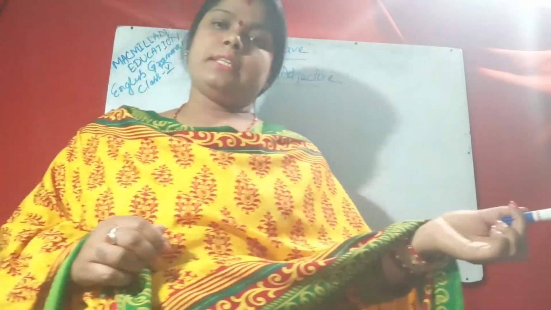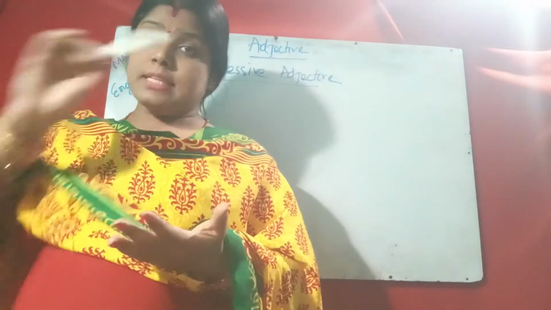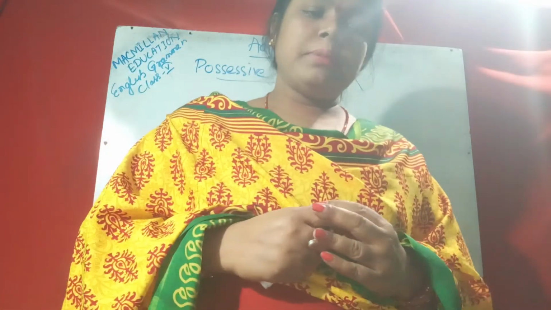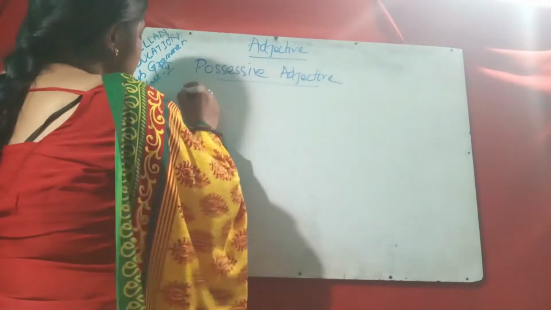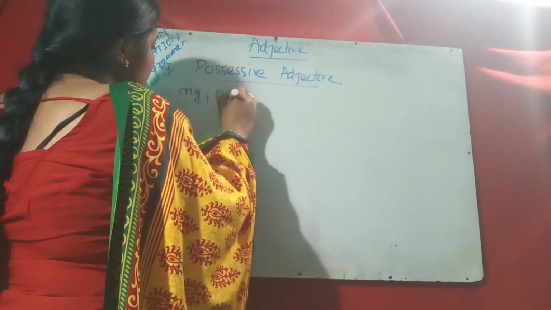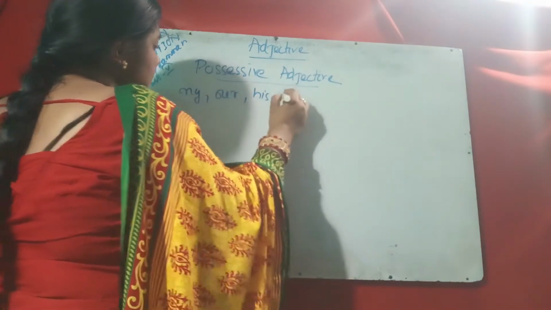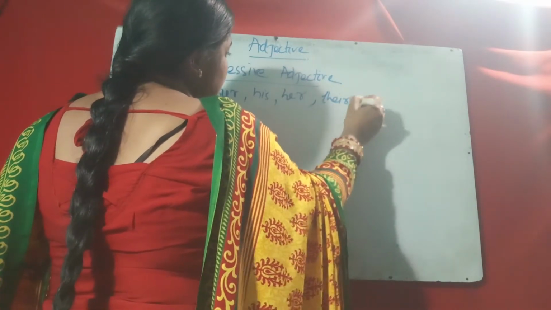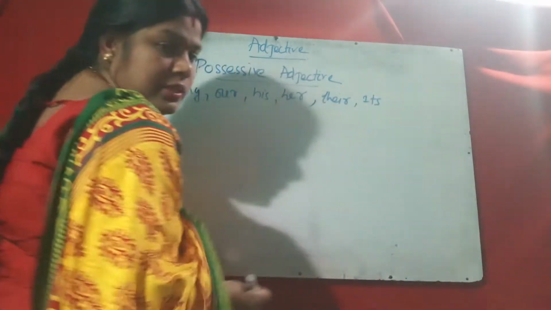Whose pencil is that? Whose bag is this? Or whose house is that? The answer will come: my, his, her. So possessive adjectives are my, our, his, her, their, your, it, its. These are possessive adjectives.